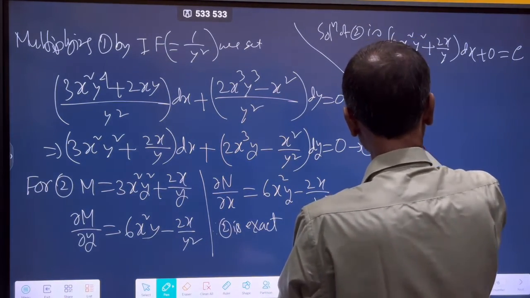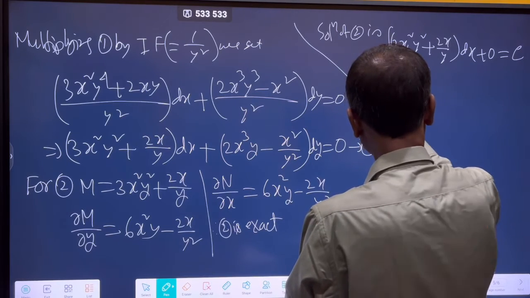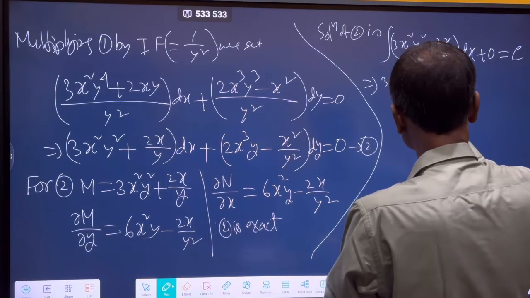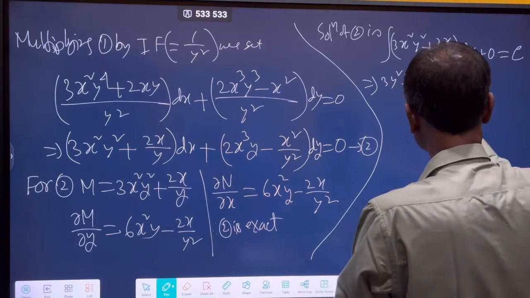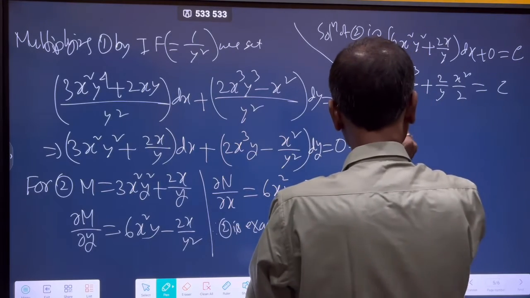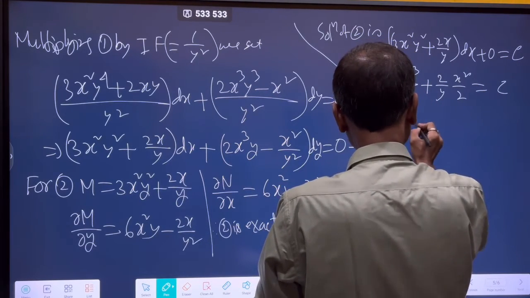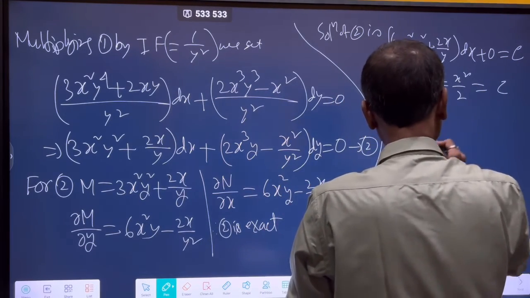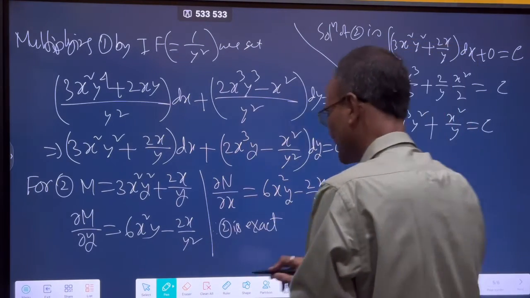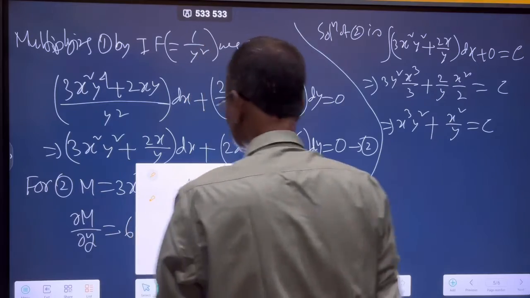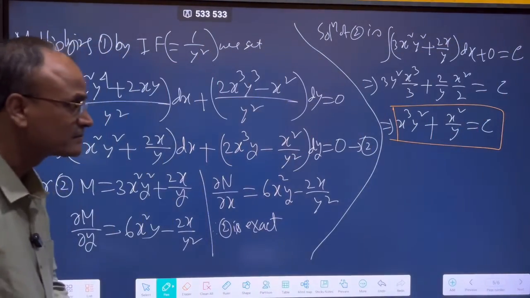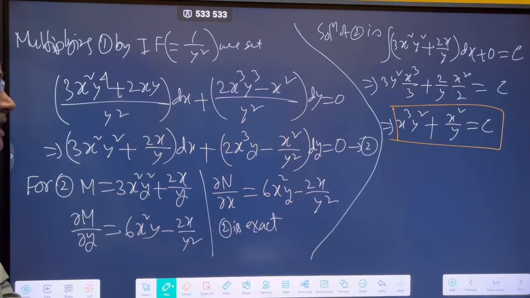Or you may write 3y square x cube by 3 plus 2 by y x square by 2 equal to constant. Or you may write x cube y square plus x square by y equal to constant. This is the solution of the differential equation.